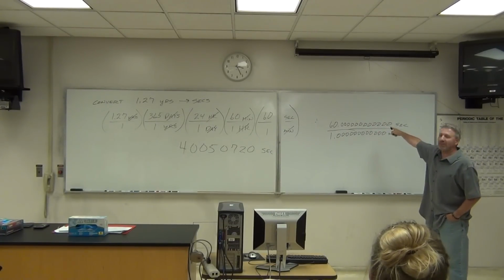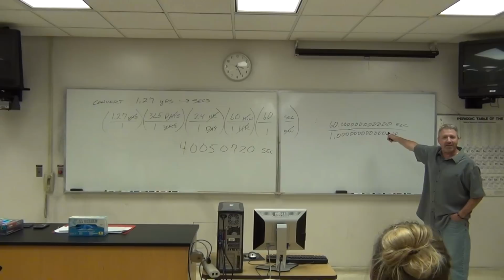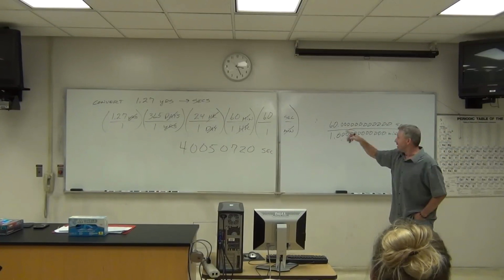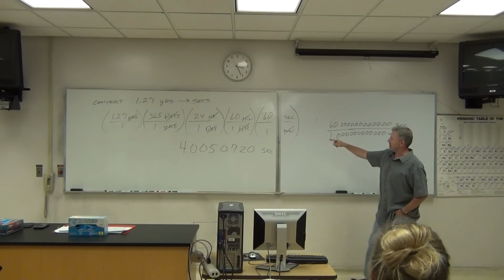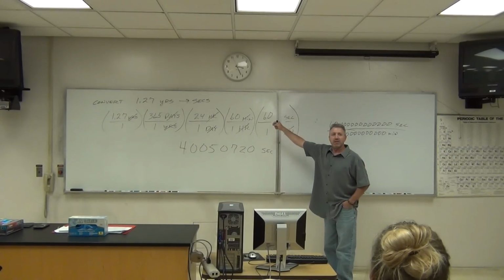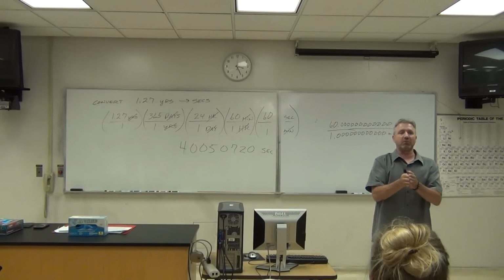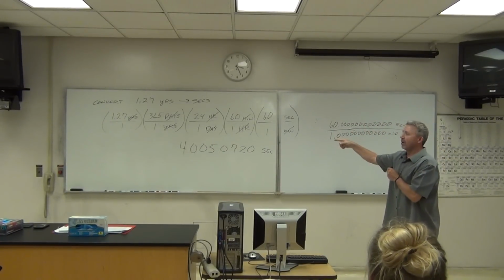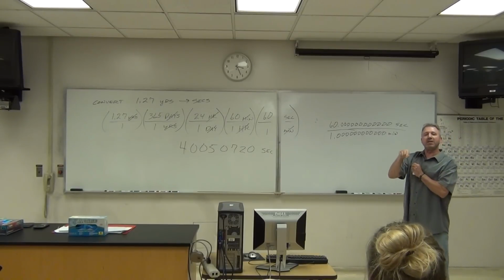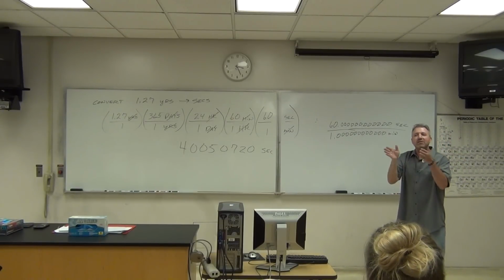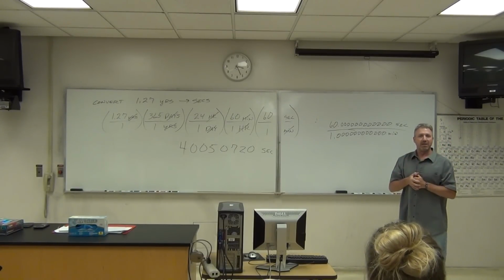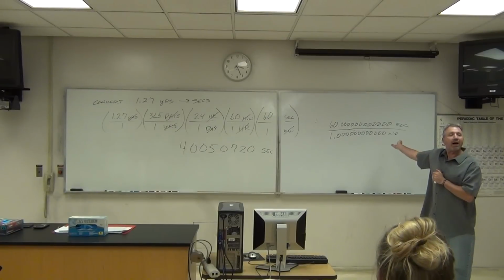Why would I write something like that? Still the same value, but it's clearly more accurate. It's got way more significant digits than this number. So, conversion factors are conveniently simplified so that we can use them. And therefore, they will never be the number that has the lowest number of significant digits, because we can put as many as we want on them.